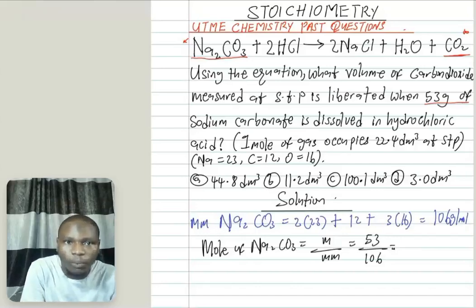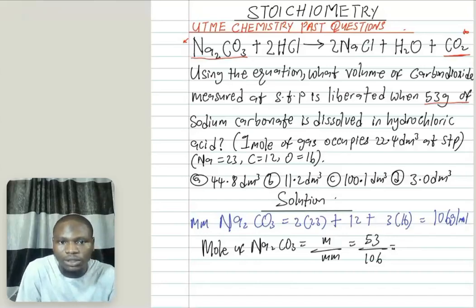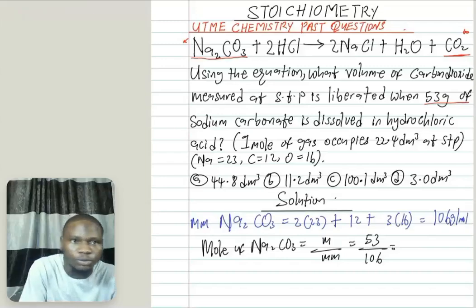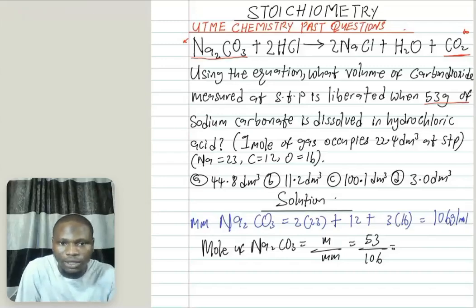Now, 1 mole of Na2CO3 produced 1 mole of what? CO2. Therefore, 0.5 mole of Na2CO3 will give me what?